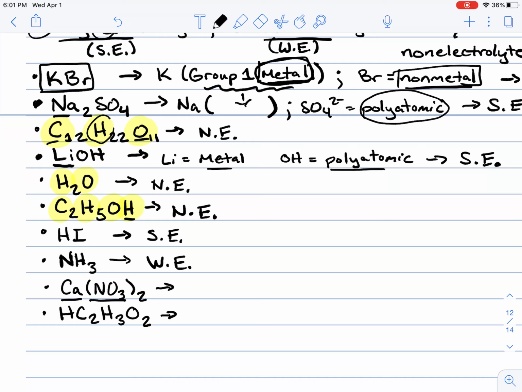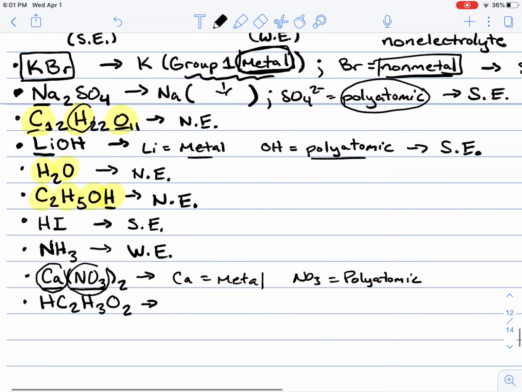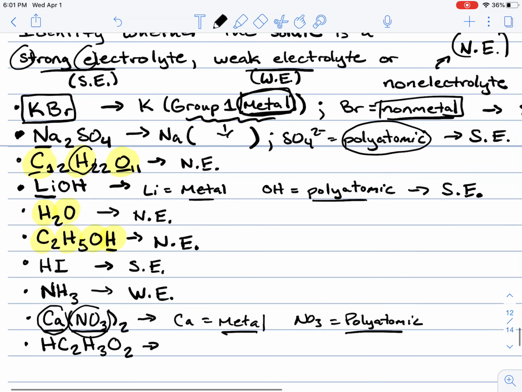And so the next compound is going to be calcium nitrate. If we identify where calcium is located in the periodic table, it's found on the left-hand side of the staircase, underneath group 2A. And so calcium is going to be a metal. And NO3, or nitrate, is a polyatomic. If you have a metal and a polyatomic, then we know that this is an electrolyte.